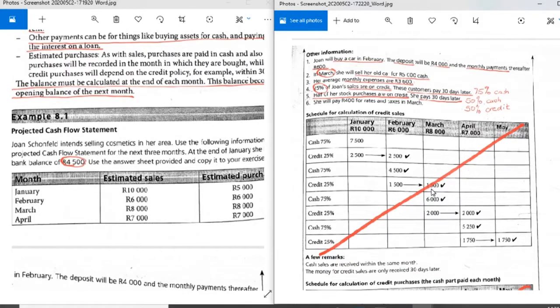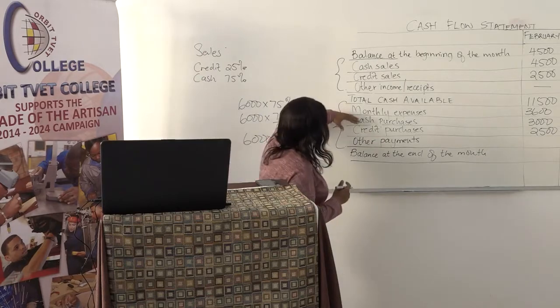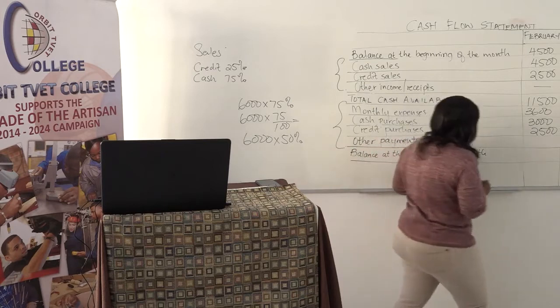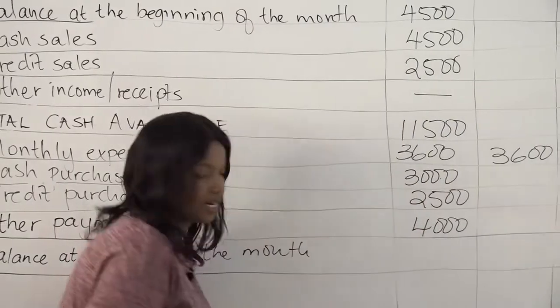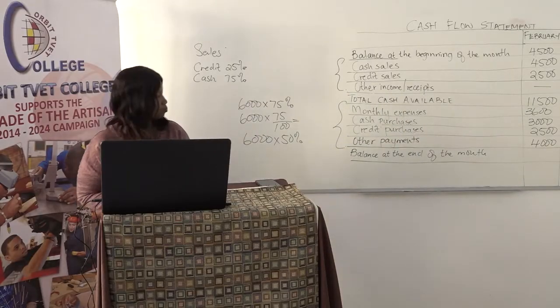The deposit will be 4,000 rand and the monthly payments after is going to be 600 rand. Now we are going to record that 4,000 under other payments. It does not form part of our monthly expenses because it is a deposit.